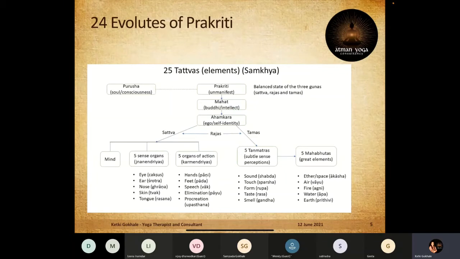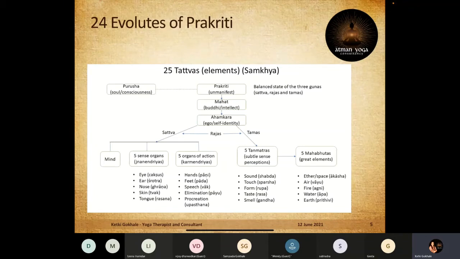Once purusha and prakriti come closer in proximity with each other, as in the last session we have seen the example of a blind and a lame person. A blind man cannot see the path to go. So he sits on the lame person who can show the path, but the lame person cannot walk.